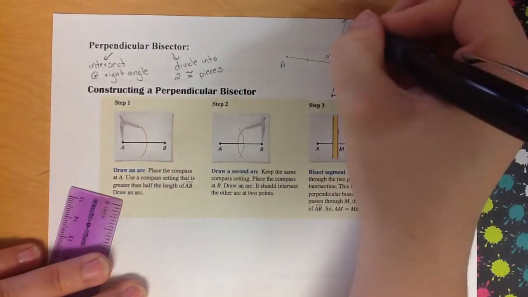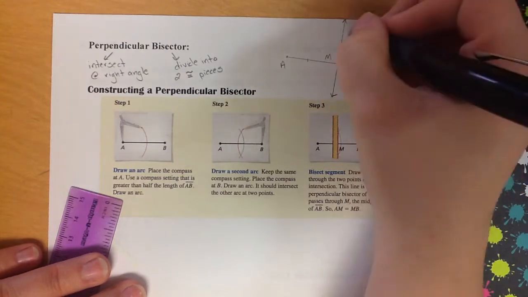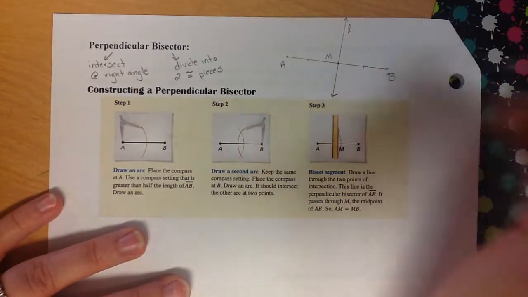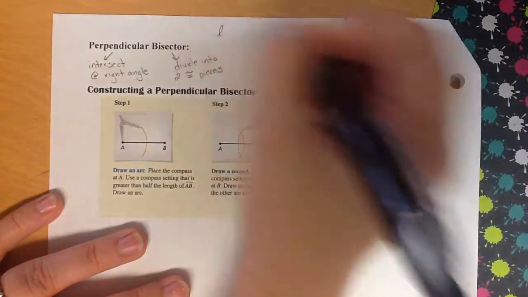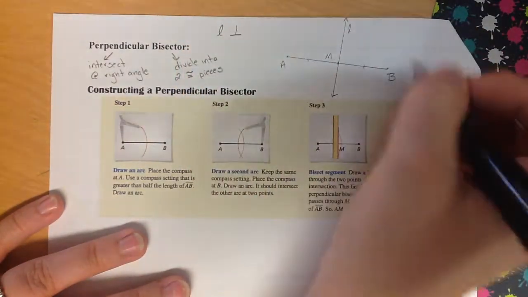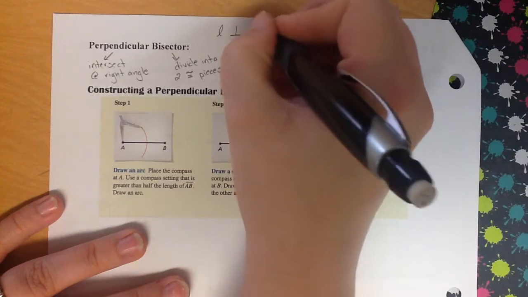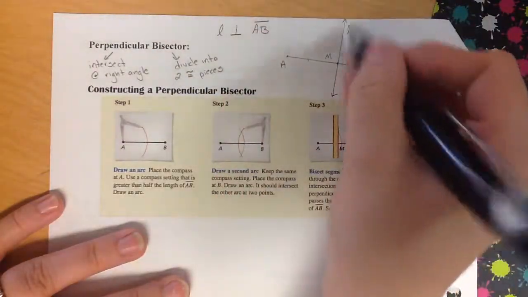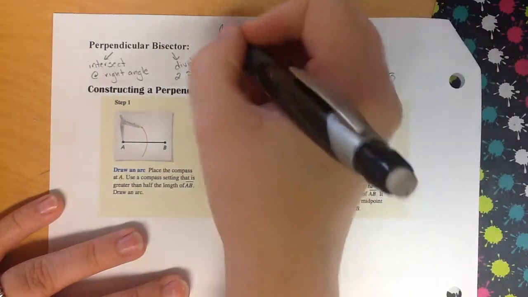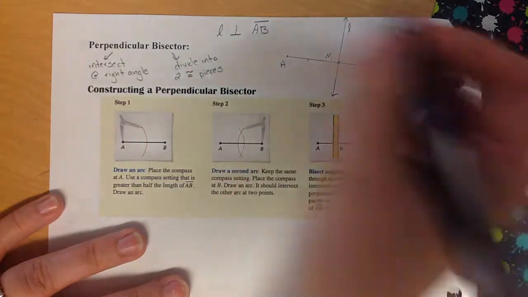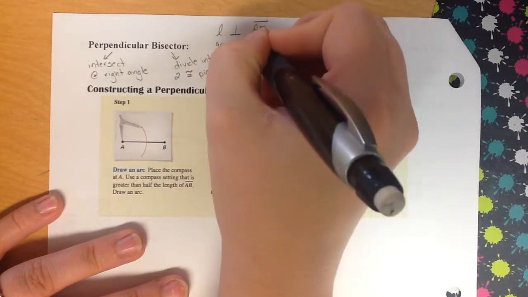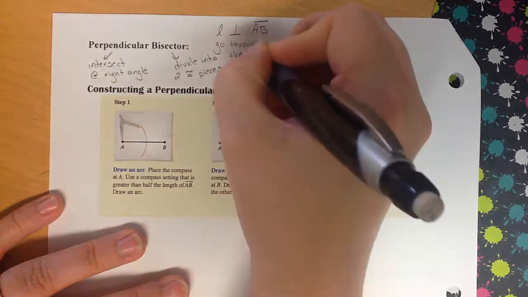So let's call this line, that's point M, we'll call this line L. So basically, L needs to be a perpendicular bisector. Line L needs to be perpendicular to segment AB. And L needs to go through the midpoint.